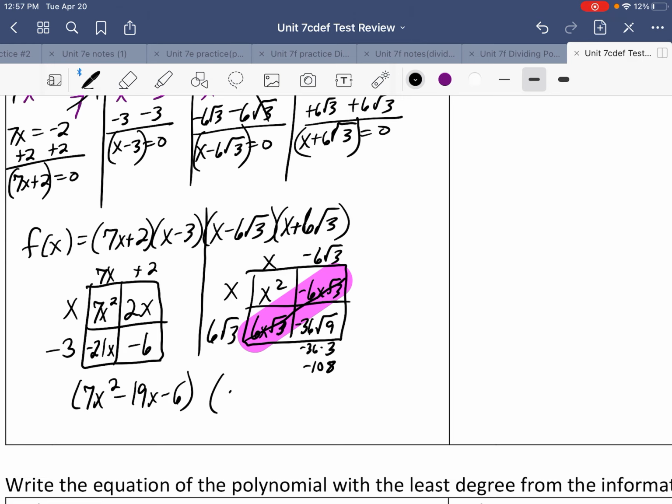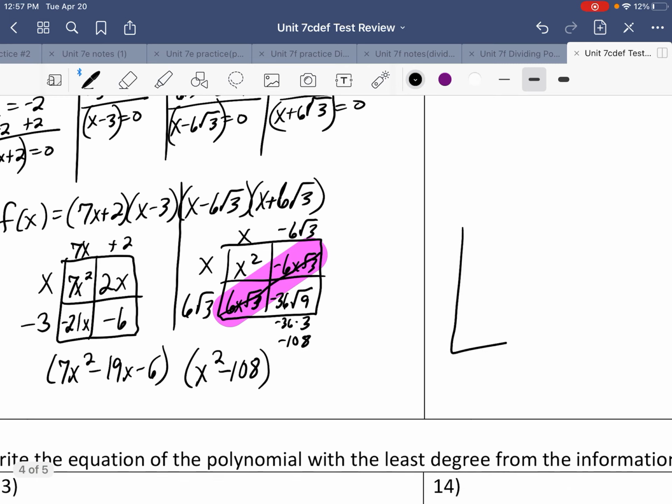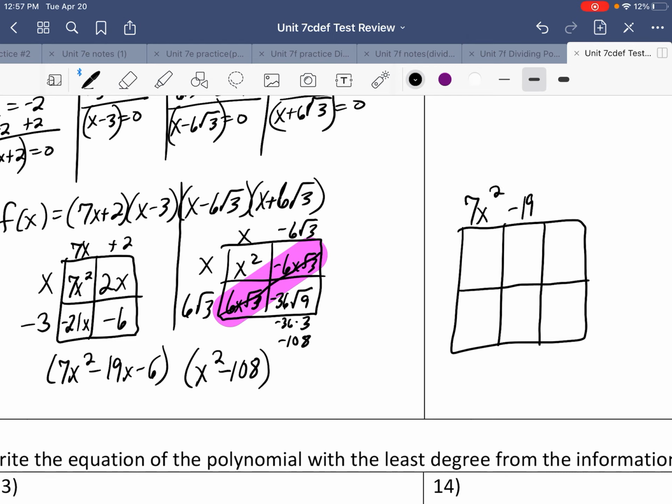So this actually equals x squared minus 108. And then we have to multiply those, a trinomial times a binomial. I'm going to do that over to the side here. 7x squared minus 19x minus 6, times x squared minus 108.